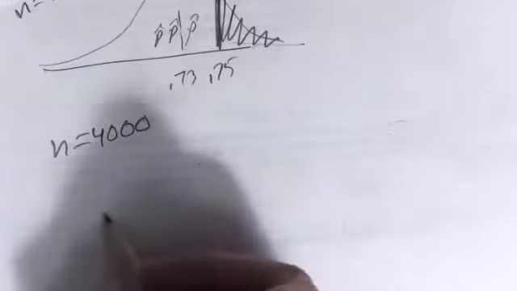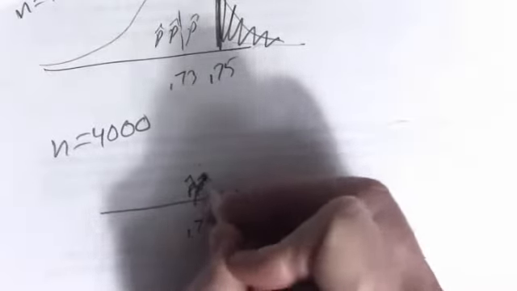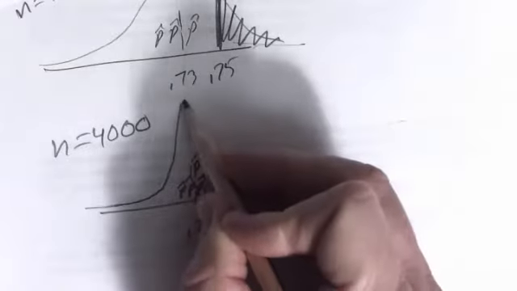All these points in here are p-hats. That's what a sampling distribution is. But now with 4,000, it's scrunching together the p-hats. So here's 0.73, and our p-hats are really scrunched in there, because when you increase your sample size, your variability goes down. And so now our distribution is going to look something like this.